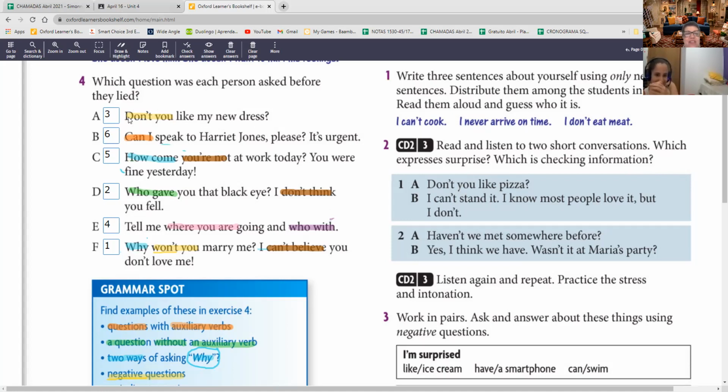So you start the question, Lorena, with an auxiliary in the negative. Or you can use the verb in the negative following a question pronoun. That's also possible. So you say, why won't you marry me? Or why don't you love me?